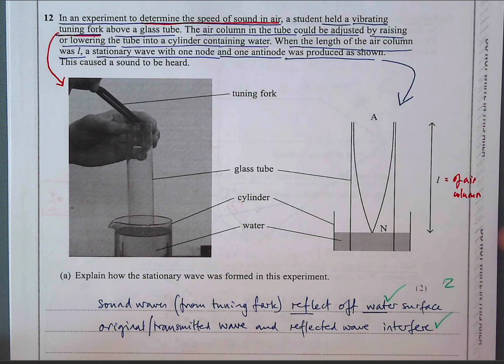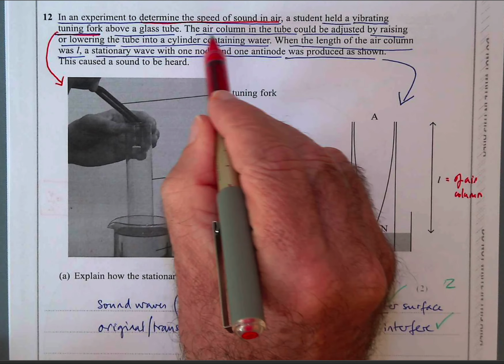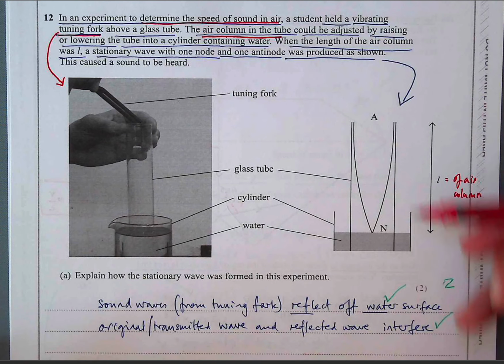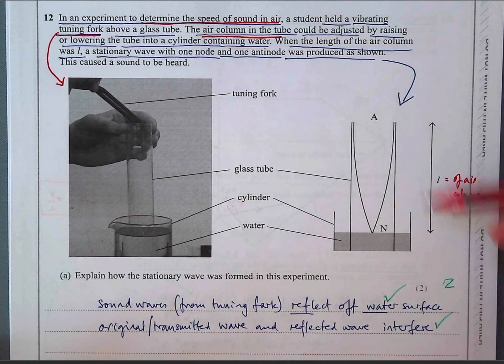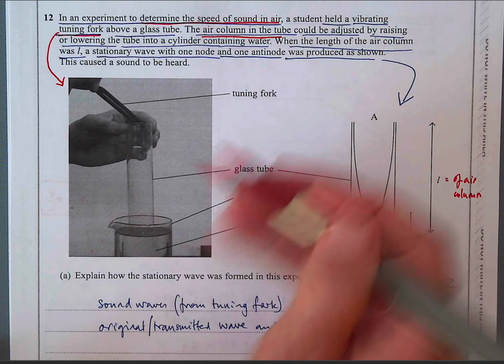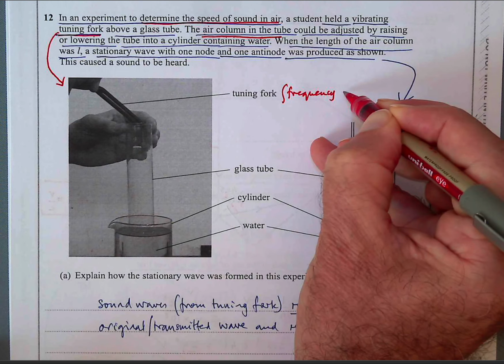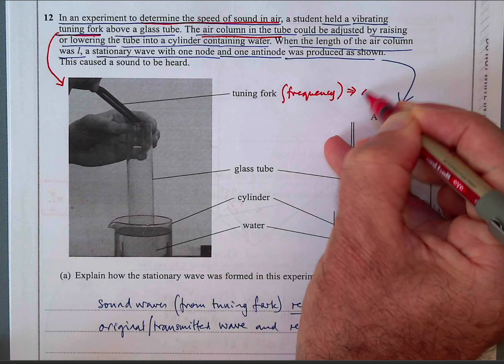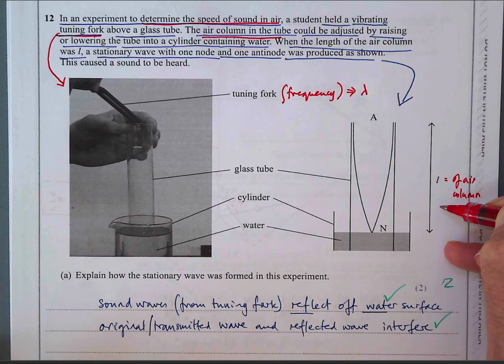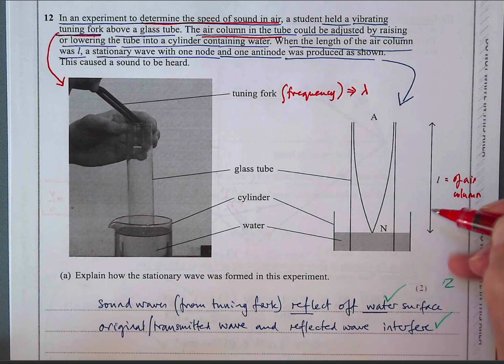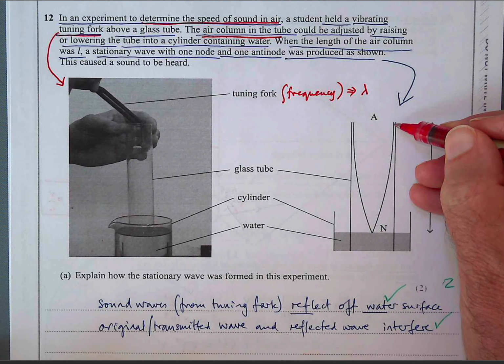So you have to make sure you understand every single word in an exam. The air column tube could be adjusted, so you can move this tube up and down to vary the length to match this length with the frequency of the fork. The tuning fork will have a frequency, and obviously a frequency leads to a wavelength, and the wavelength can match the length to an extent where you create a node here and therefore an antinode here.